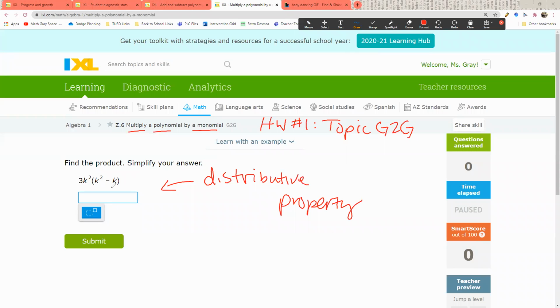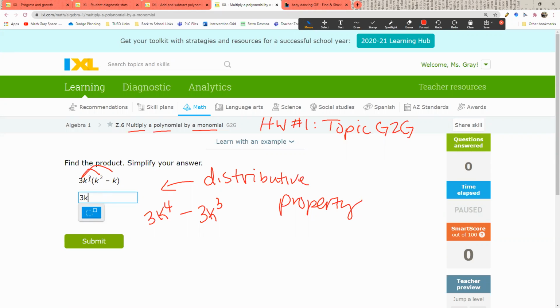If I take this outside number and I multiply it to both the inside numbers, 3k squared times k squared equals 3k to the fourth. And then 3k squared times k is 3k to the third, with the negative sign. So I'm really just doing what you have called in the past distributive property. And so even though I guess it's a new topic, it's really not a new topic.